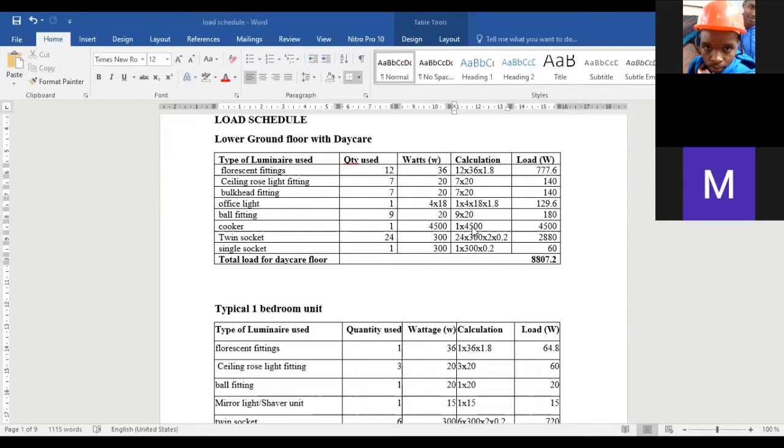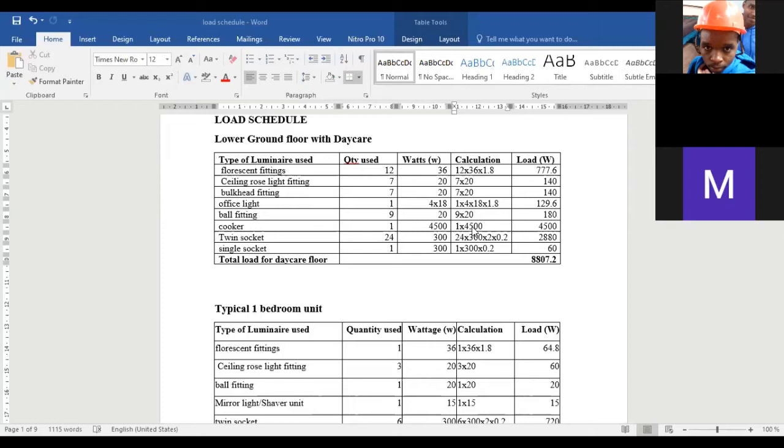I_D is the design current. What you have calculated, like in this case, it is 45.87 amperes, what Ruth has calculated. Then I_B is the size of the breaker. Then I_C is the size of the cable.